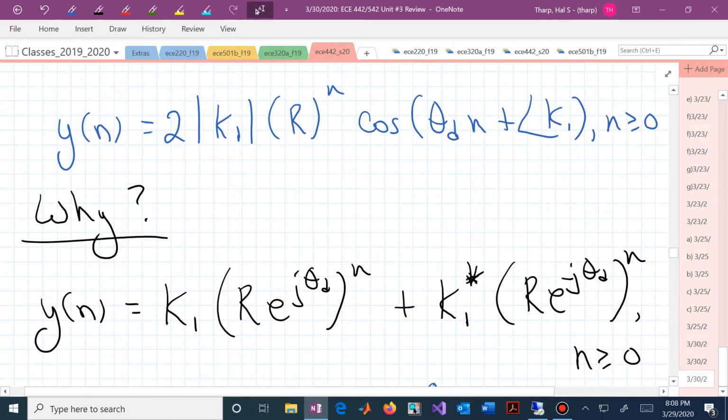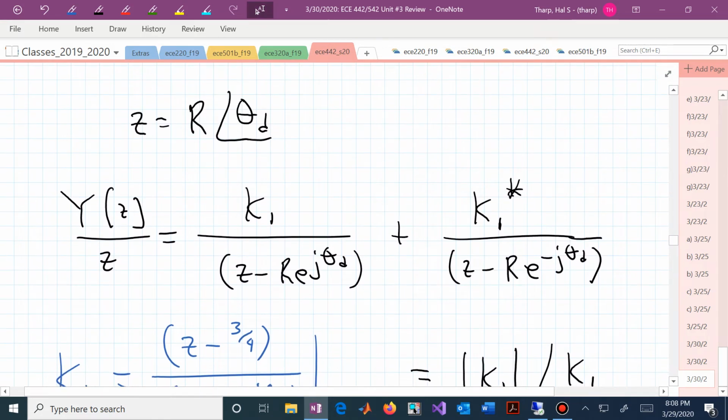Well, let's just quickly convince ourselves of why you can go from Y of z equaling, and so now hopefully you see that Y of z is in fact going to be that, and you can now inverse z transform that first expression, or in combination with the second expression, which is what we're going to do to find what y of n is in the time domain.